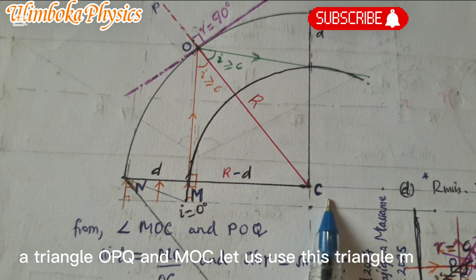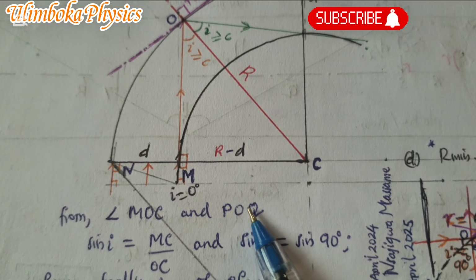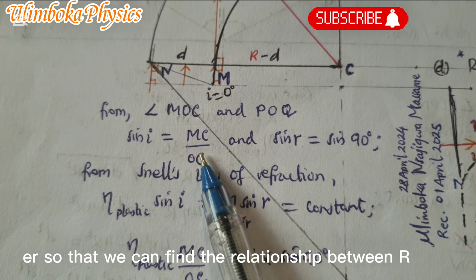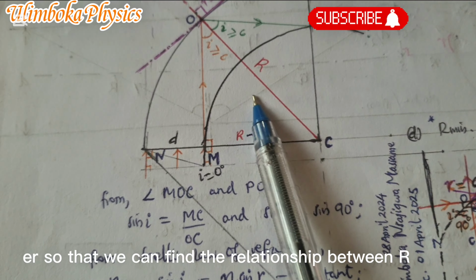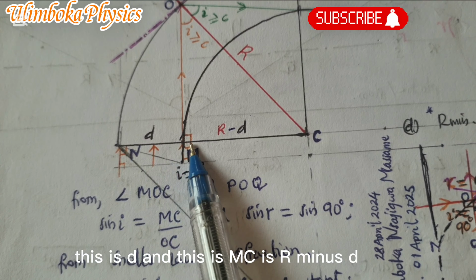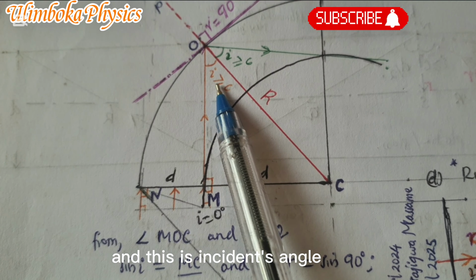Okay, and we have this triangle OCM. Let us use this triangle MOC and triangle POQ so that we can find the relationship between R and R minus D. This is D, and this MC is R minus D, and this is the incidence angle.